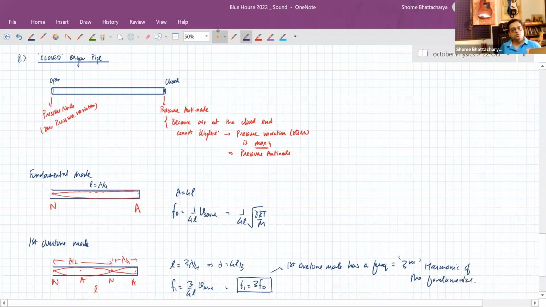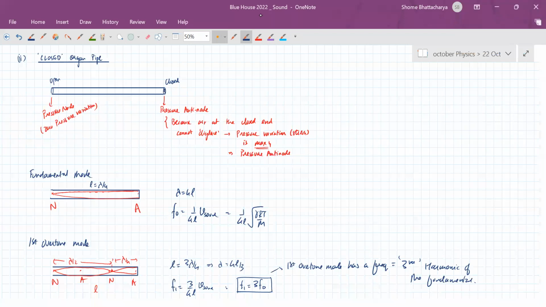We will see as we move on that this forms the resonant mode series which has only the odd harmonics. The even harmonics don't exist. So you need to remember these two cases very clearly. Open organ pipe, both ends are open, so all the harmonics exist. The general formula is that the nth overtone is the n plus 1th harmonic.